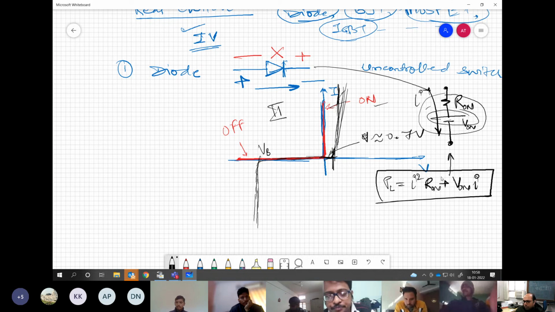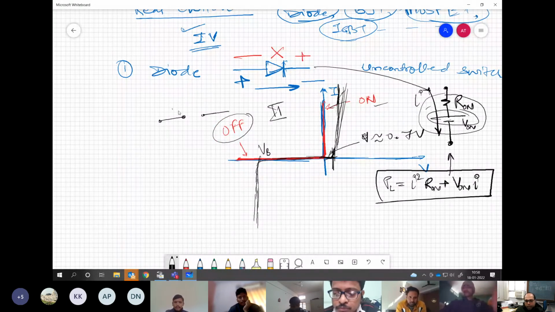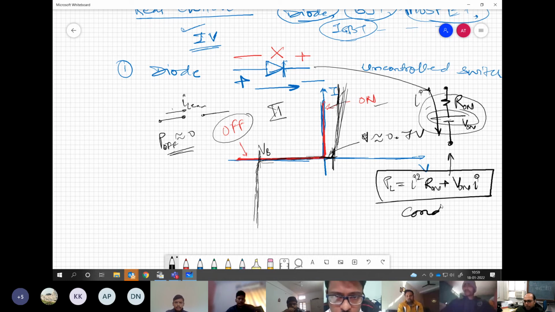Yes, sir. Okay. For the off state, the diode behaves more or less like an open circuit. There will be some leakage current, but that is very small. So as long as this breakdown voltage is not achieved or applied, we have power loss nearly equal to 0. So this is called conduction loss.